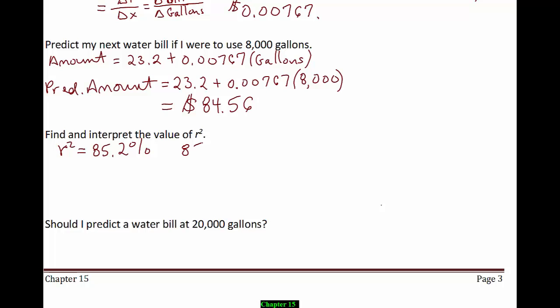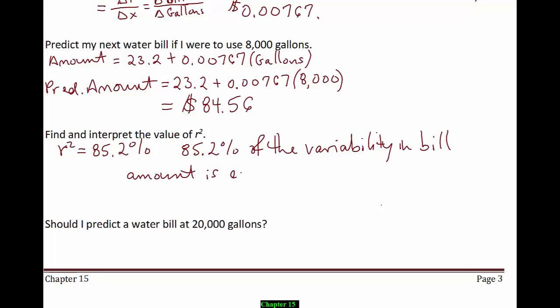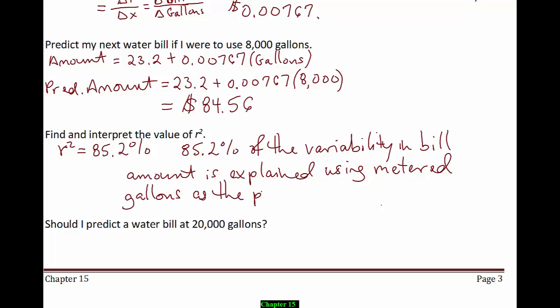So 85.2% of the variability in bill amount is explained using metered gallons as the predictor, or in this regression.